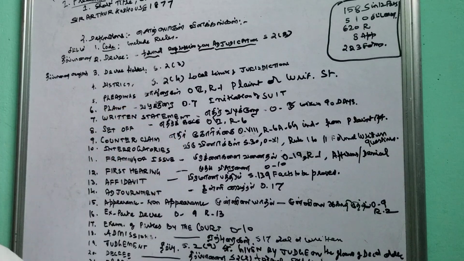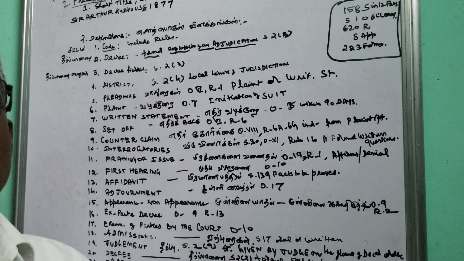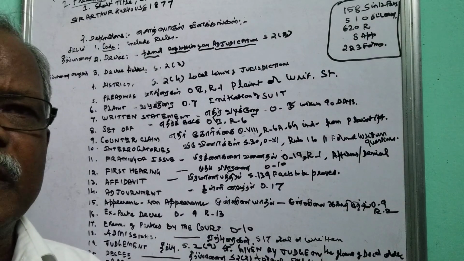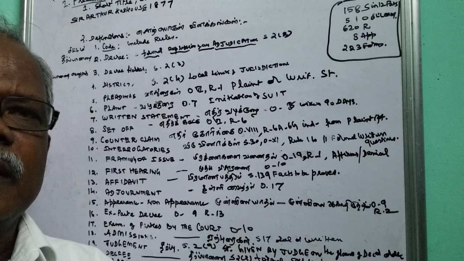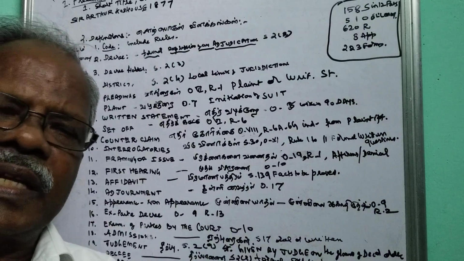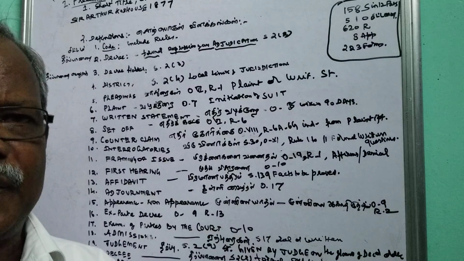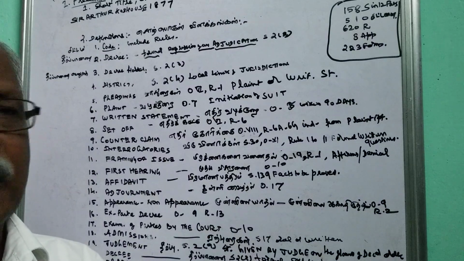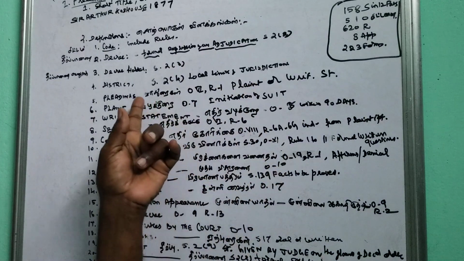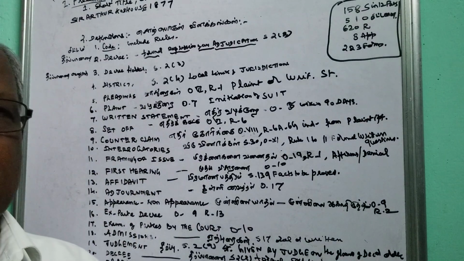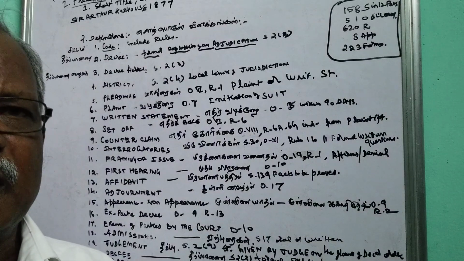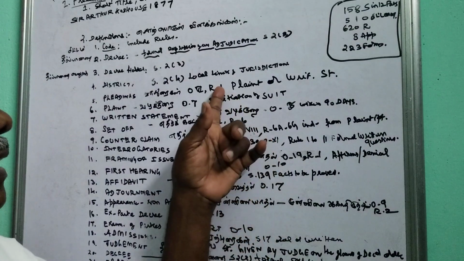Pleadings are the plaint or written statement: the complaint given by the plaintiff, and the reply given by the defendant is called the written statement. Both these things are included in pleadings.